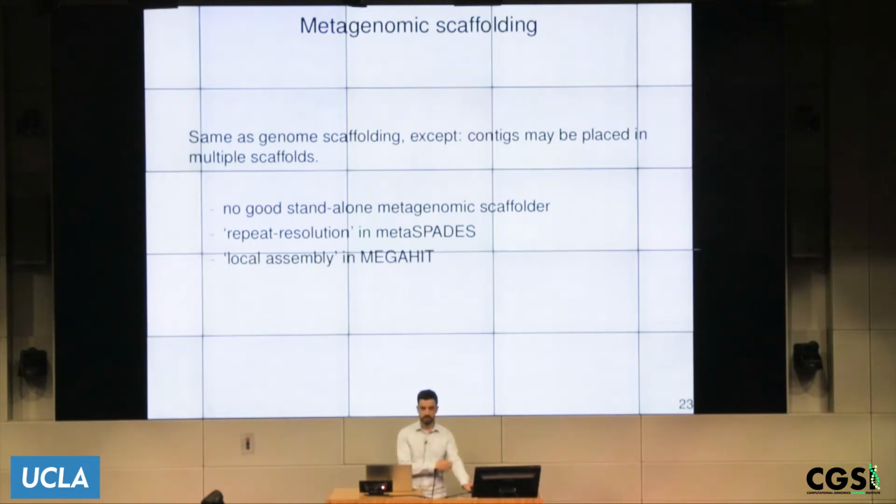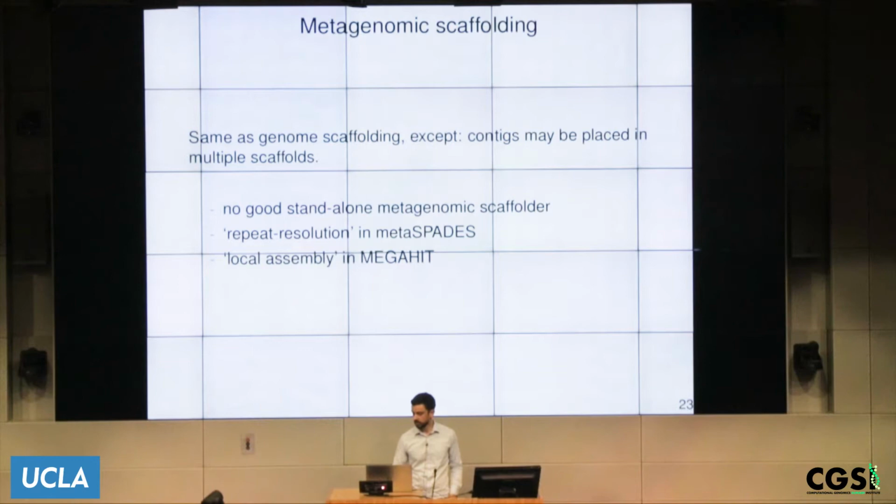Okay, I'll mention scaffolding. This is going to be a quick slide because, first of all, I'm not an expert in this, and also there are not so many metagenome scaffolding software. I haven't written about them, but Bambus is one. There may be others, I don't know. It's the same as genome scaffolding, when you try to order and orient contigs in order to recover a longer genome structure, except that in metagenomes it's possible to place contigs in multiple scaffolds, not just one.